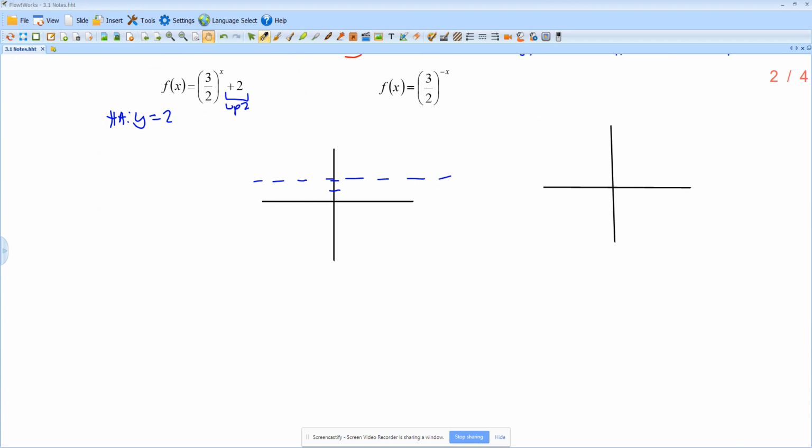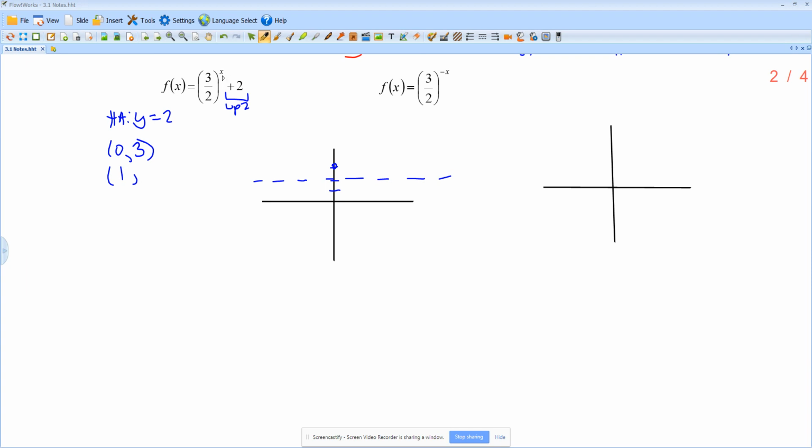Okay, going back here. So 3 halves to the power of x plus 2. Now I'm going to take these two coordinates, 0 and 1. If I substitute 0 into this, I'd have 3 halves to the 0, which is 1, but plus 2. So that becomes 3.